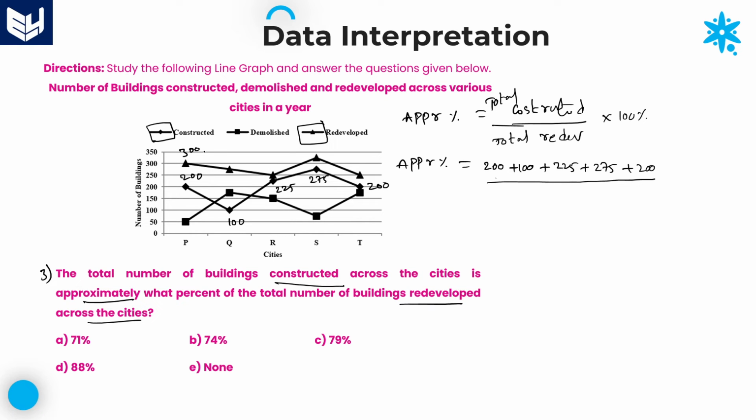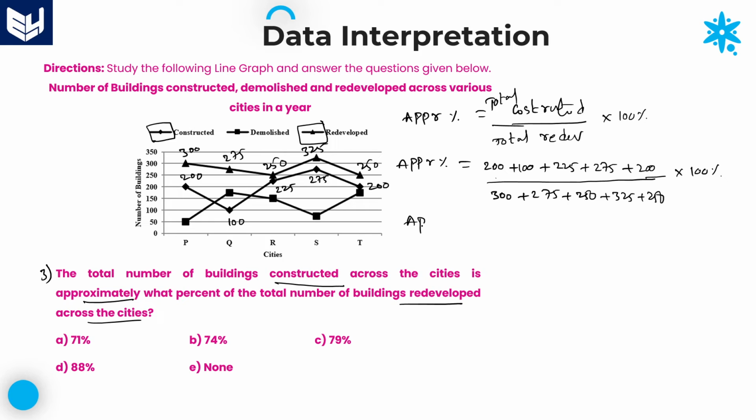This is 300, this is 275, next is 250, next is between 300 and 350, that is 325, and the last one is 250. Here it is 300 plus 275 plus 250 plus 325 plus 250, and that is the denominator value, into 100 percent, which is a common point.